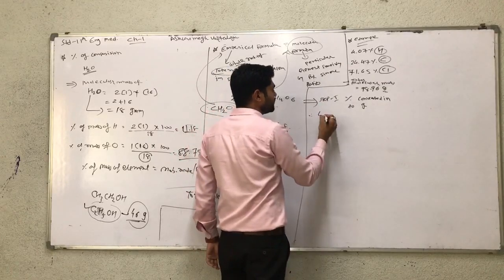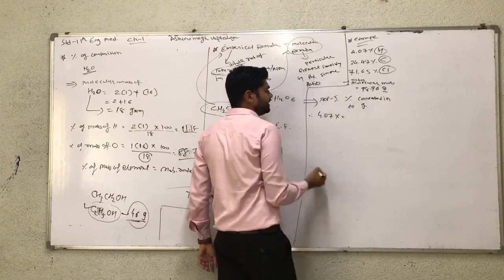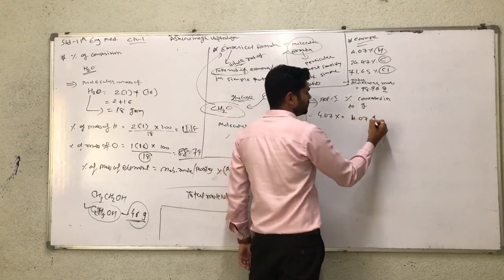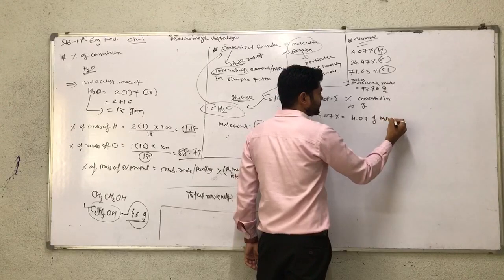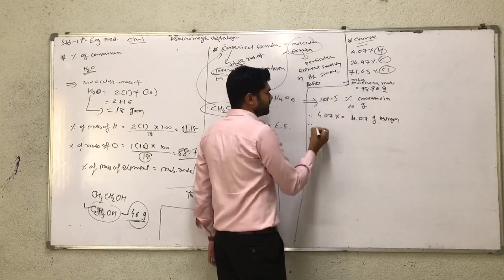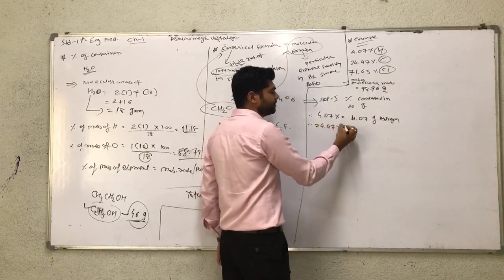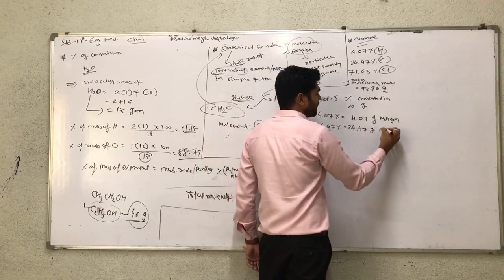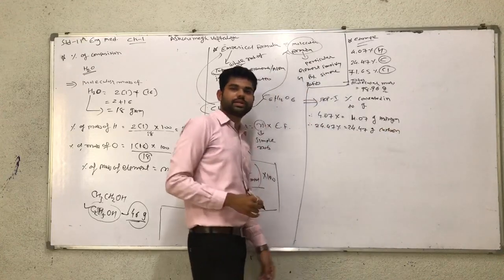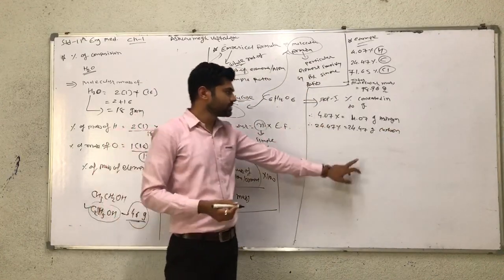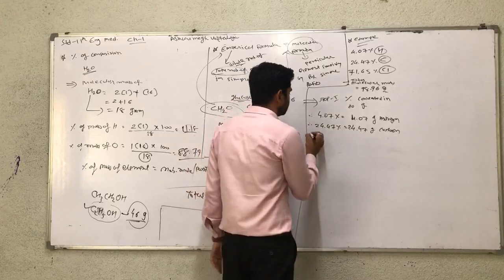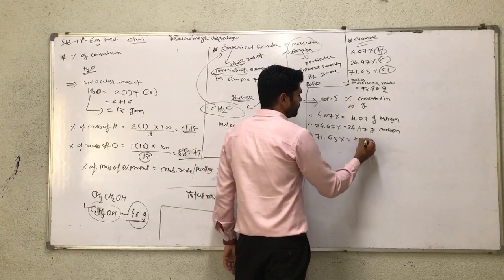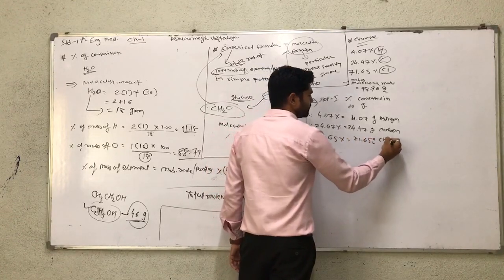Therefore 4.07% is equal to 4.07 gram hydrogen. Next, 24.47% is equal to 24.47 gram carbon. And last, 71.65% is equal to 71.65 gram of chlorine.